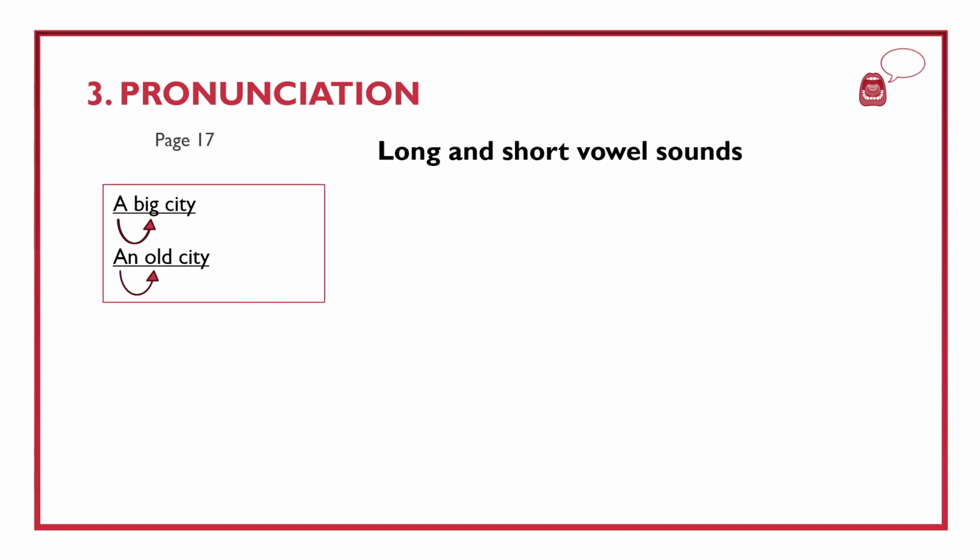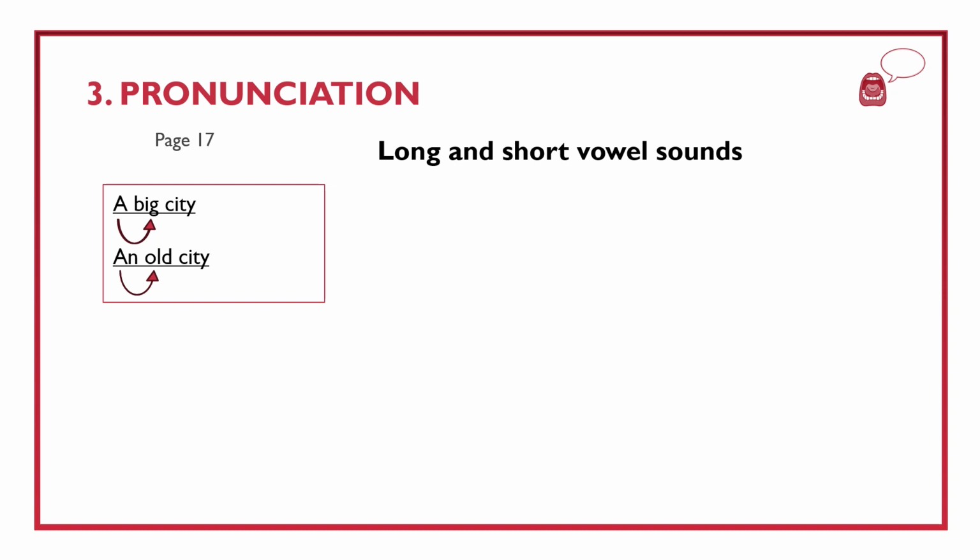We have the sound ah, like clock, that's the short one. And then we have saw, saw, that's the long one. So these two may be a little confusing for many students. The thing is, with the short one, clock, I open my mouth completely.